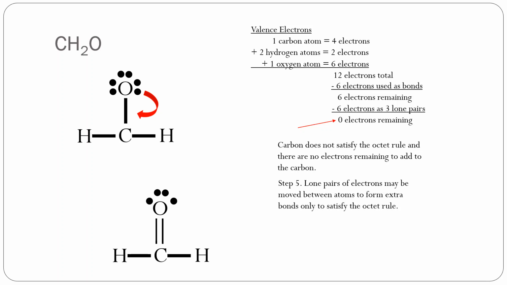Notice that the new structure has the octet rule satisfied for both the carbon and the oxygen atoms. This is the Lewis structure for formaldehyde. This includes the double bond between the carbon and the oxygen.